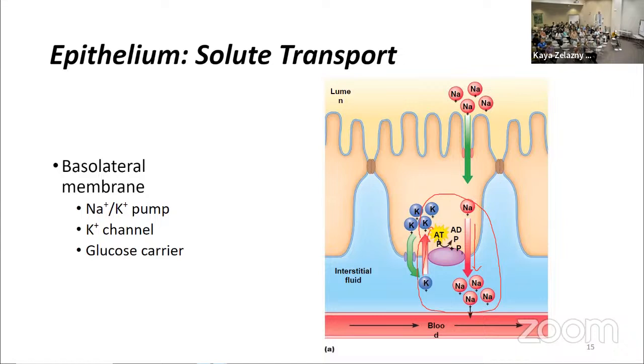But for our purposes right now, what we're going to notice is that this is creating a situation where you have high sodium on the blood side over here in the interstitial fluid. You have relatively low sodium inside.